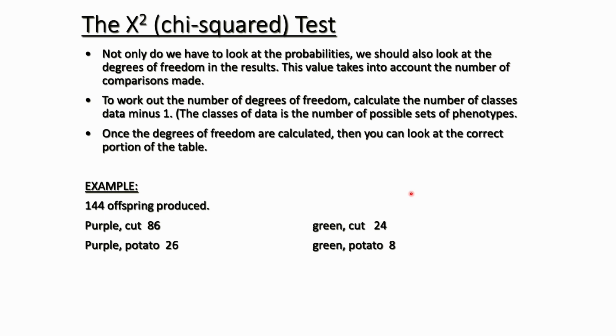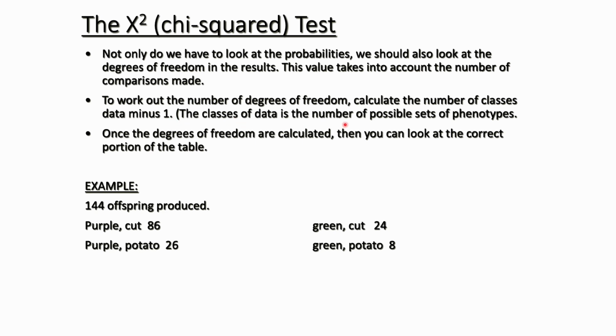In addition to looking at whether the value is greater than or less than to look at the probabilities, we also need to look at the degrees of freedom in the results. This value takes into account the number of comparisons made. To work out the number of degrees of freedom, calculate the number of classes minus 1.